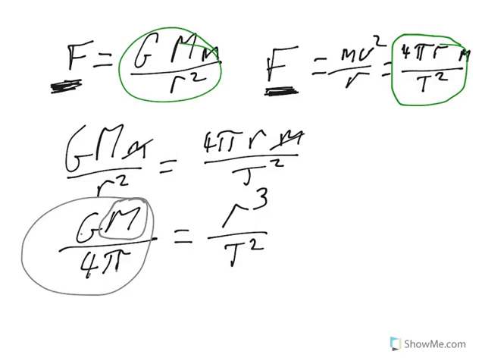It's the mass of that central body that determines what this r cubed on t squared is. Alright, so it's a constant, but it's not a universal constant, unlike the universal gravitational constant. It's constant for a central body.